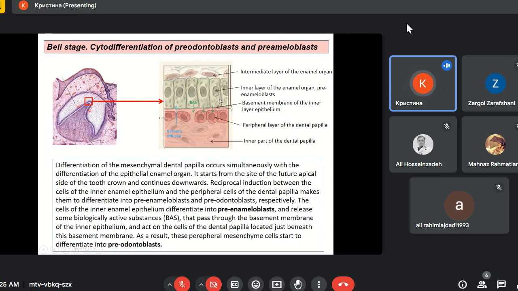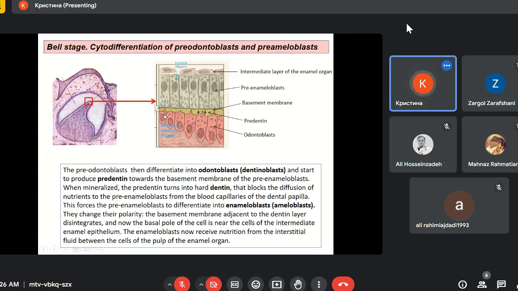The cells of the inner epithelium of the enamel organ produce and release some biologically active substances, BAS, and these substances go through the basement membrane and act upon the peripheral layer of the dental papilla cells. So these substances act upon these cells. As the result, these cells here start to differentiate from mesenchyme cells into pre-odontoblasts.